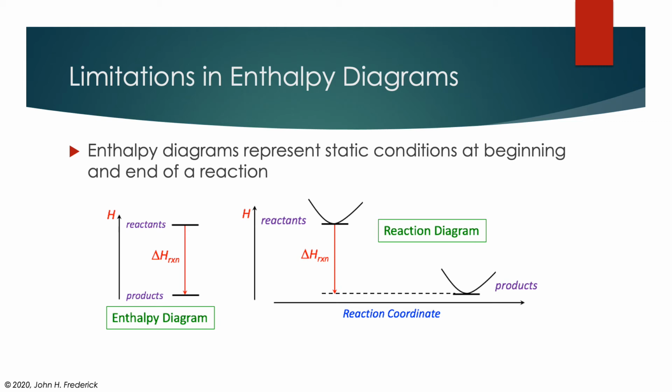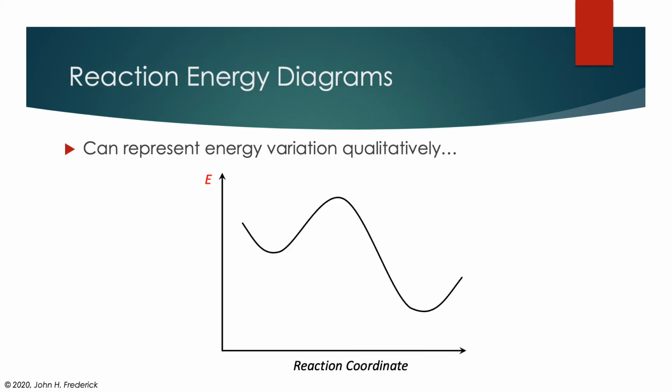Now, it's one thing to look at this static picture. Let's look at another way of representing the same thing that might make a little bit more sense. We're going to represent energy variation qualitatively now, where we're still showing where the reactants and the products are in the same places, and we're still going to measure their energy relative to one another here as delta H, and it's still going to be exothermic.